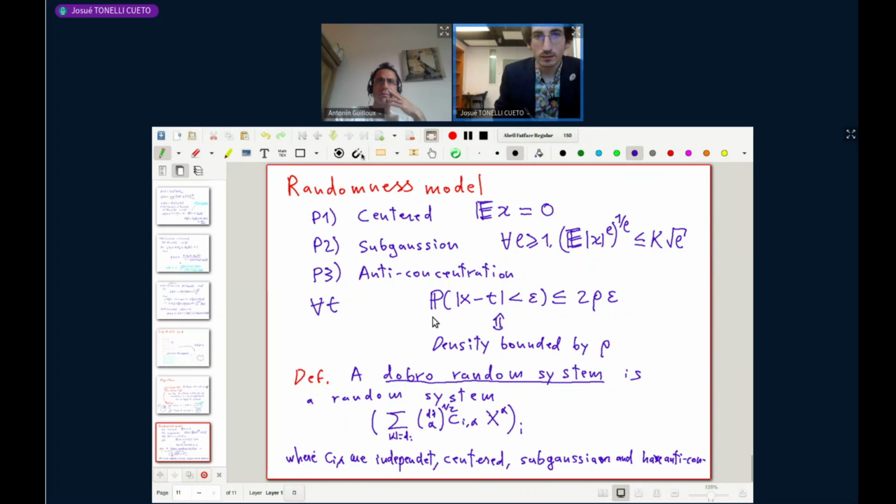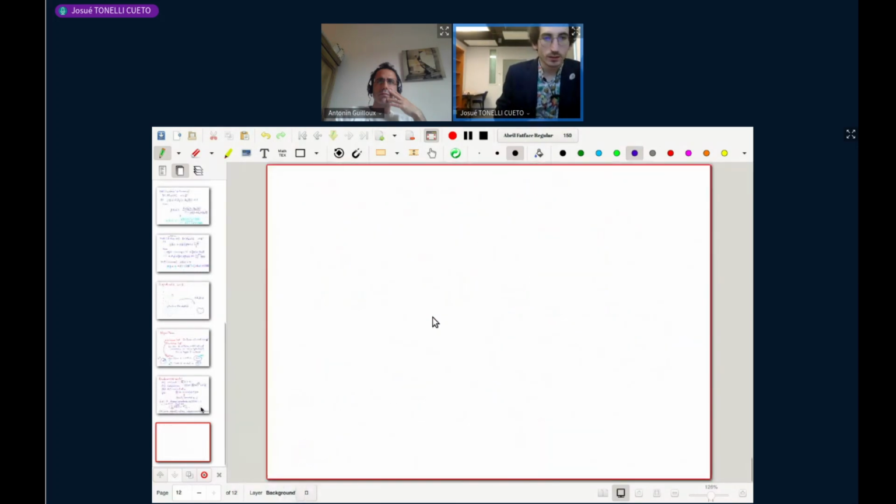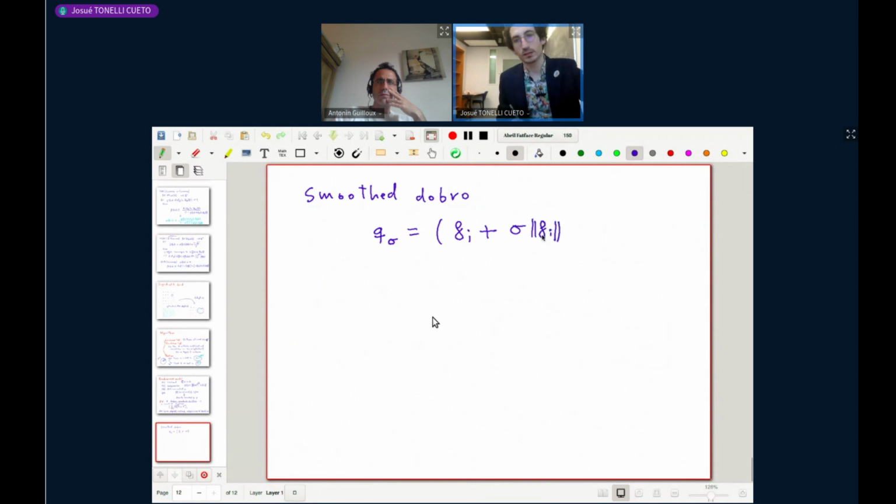Then you can add the smoothed model, smoothed random system Q, where you have some fixed polynomial f_i, then this sigma times the norm of this guy, and then here you have g_i where this guy is random.